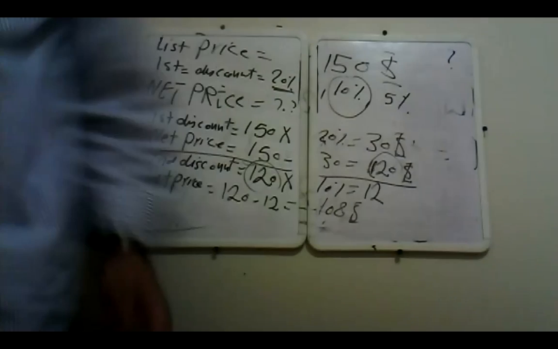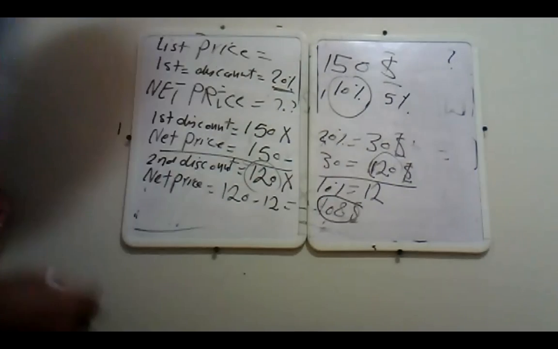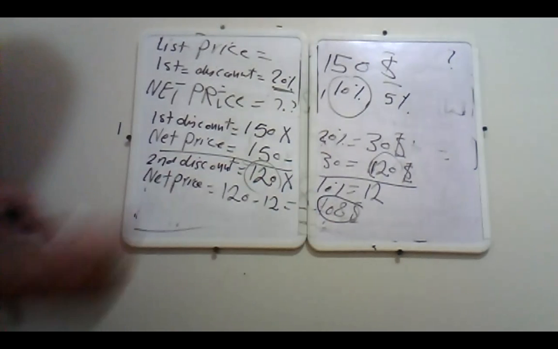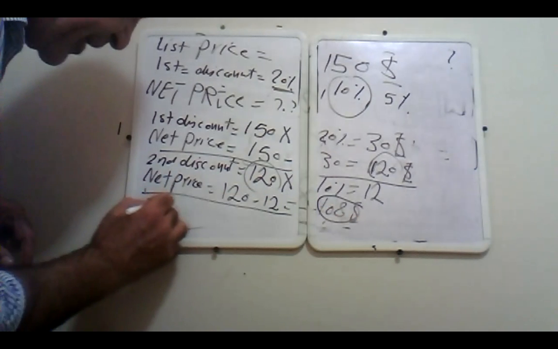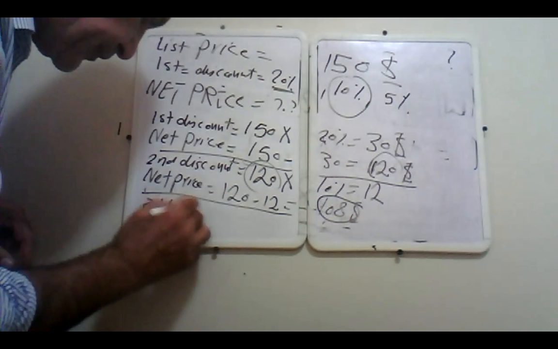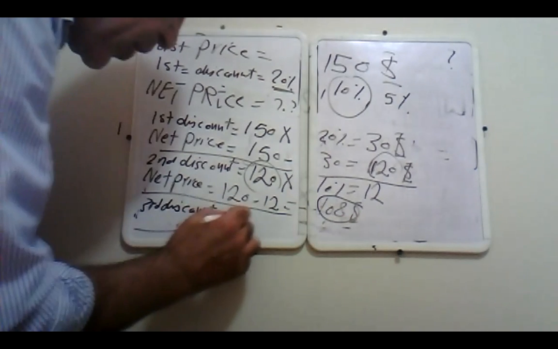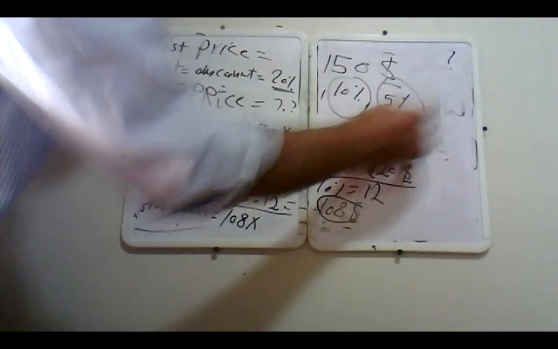Okay. Now, the third stage, I will take the 108. The 108 is the list price of the third discount. I will make it here, third discount will equal $108 multiplied by the third discount, which is 5%.